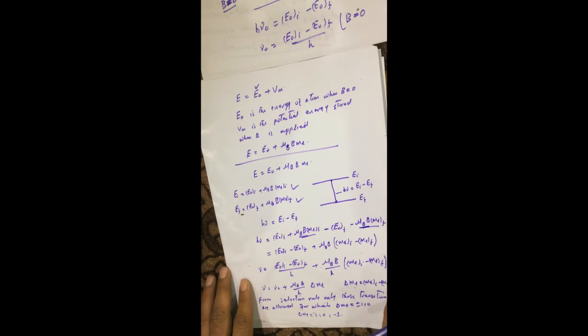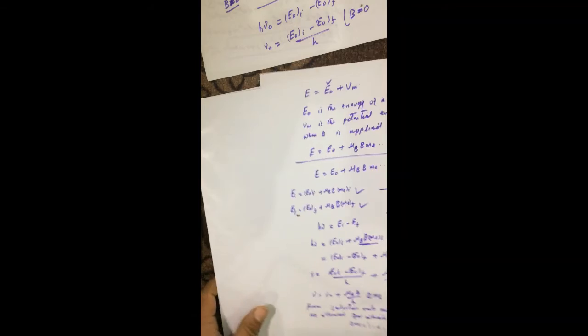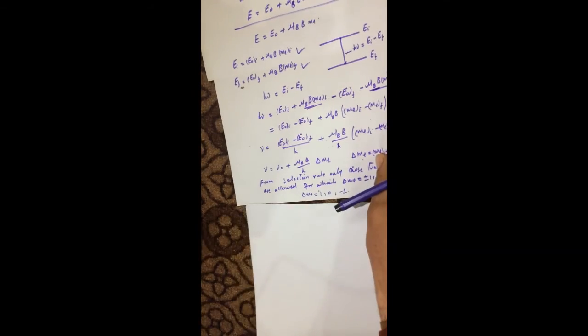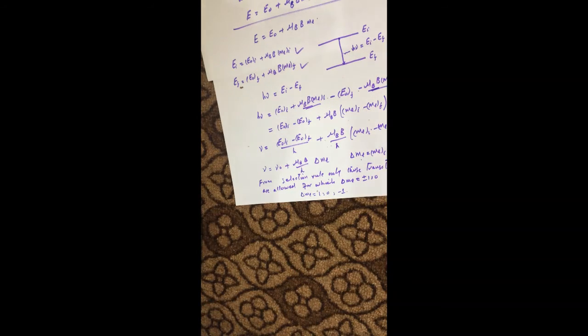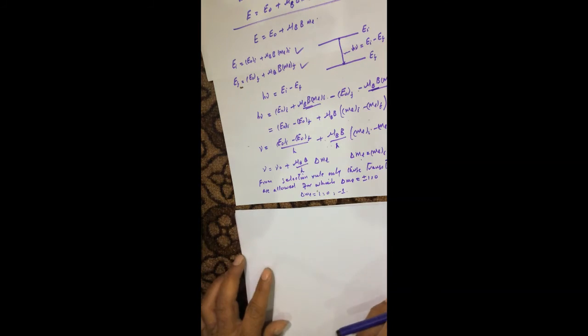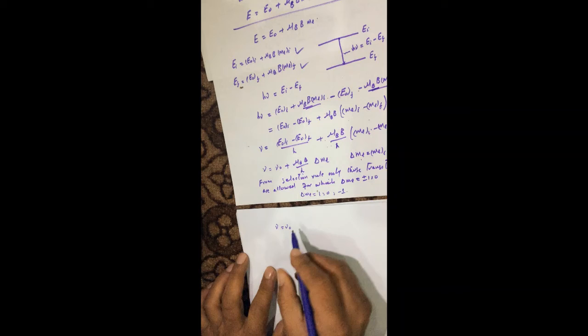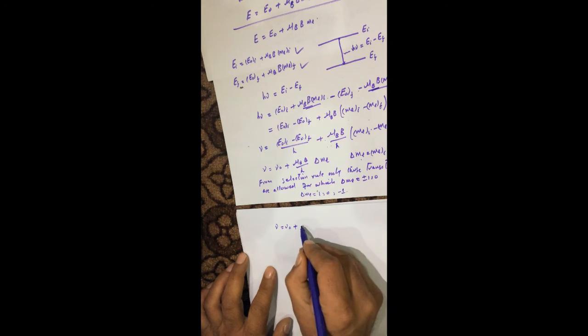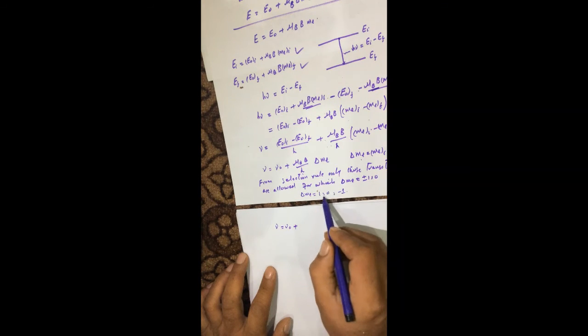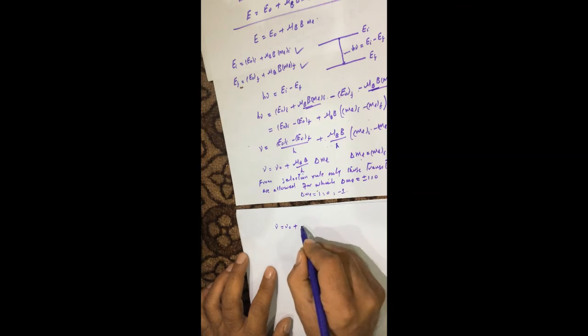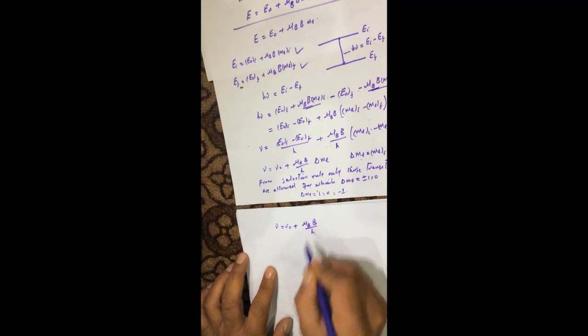Then we have nu is equal to nu naught plus, if I put delta ML is equal to 1, we have mu B B over h.